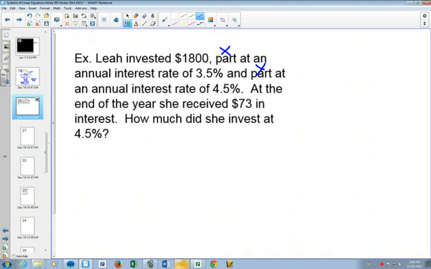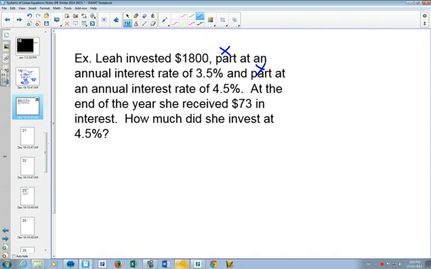And if we have two things that we don't know, we need two equations in order to solve it. So you have to take the information there and come up with two equations. And we were doing that in the last couple sections, right?